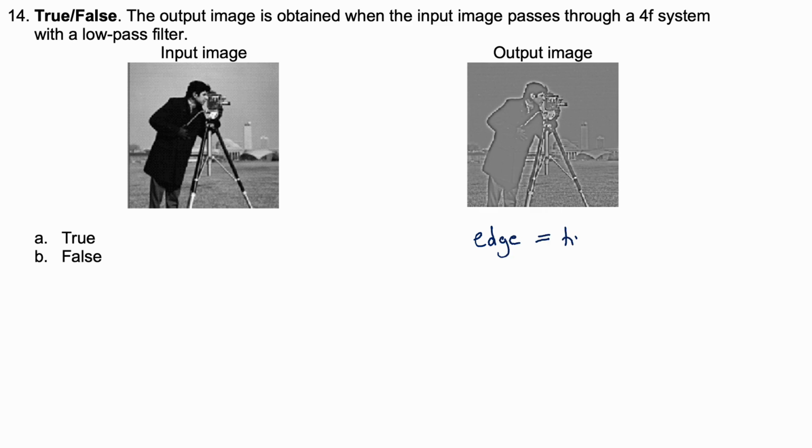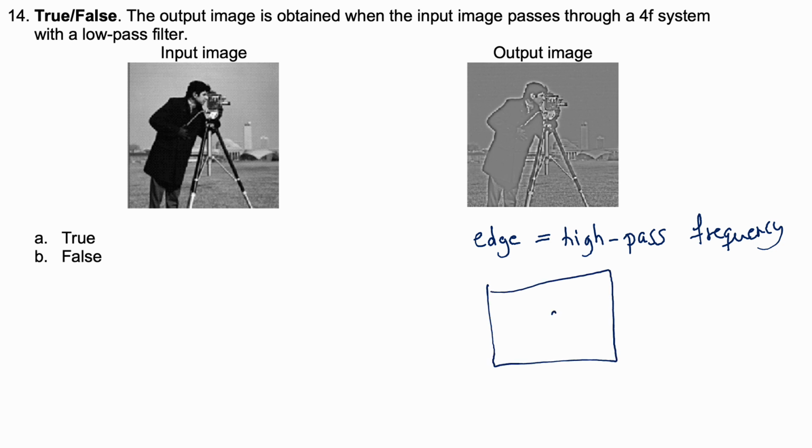Every time that you see the edges of an object, that means that we are seeing the high pass frequency. So that means that our filter, right, it needs to block the low pass frequencies, and then we are passing our high frequency.